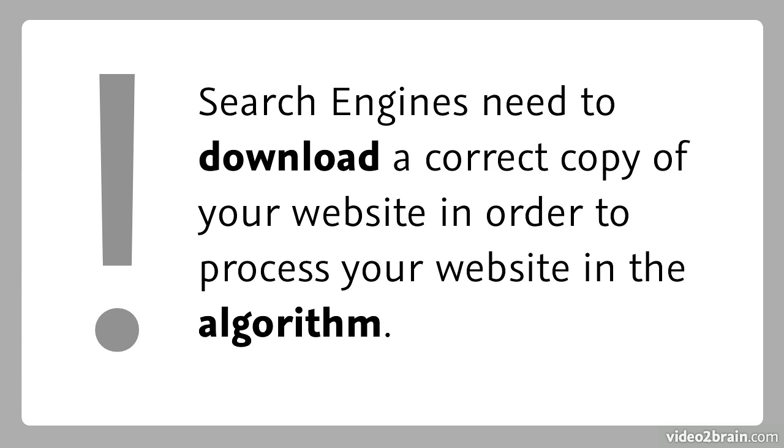If they can't download a copy of your website, it will not show up in the search engine results. So the first part of search engine optimization is making sure that the search engines are, quote-unquote, seeing your website. And when we say seeing, we mean they're downloading your website.